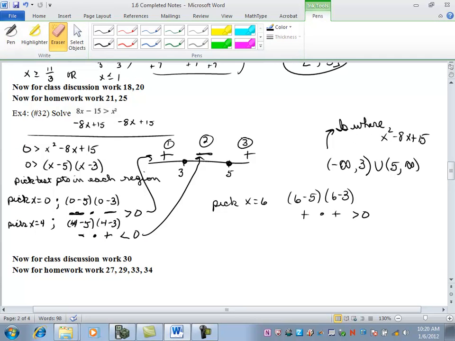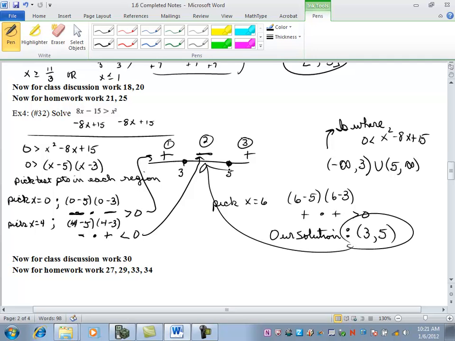This is where 0 is less than all of these, and so we need to know where 0 is bigger than the numbers. That's going to be in region 2. Our solution for this inequality is going to be from 3 to 5 because that's where 0 is greater than these values. In this region right here, our outputs are all negative, and so 0 would be greater than those. And we saw that from our test point here. So we need to be a little careful about that.